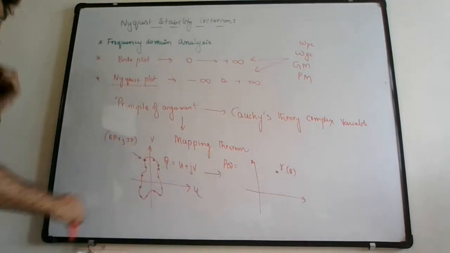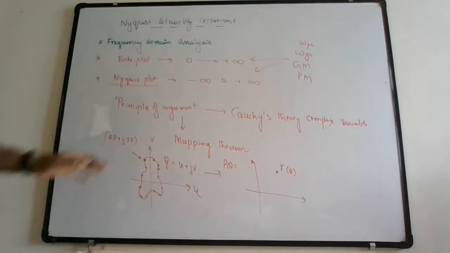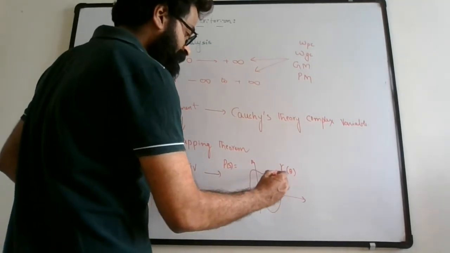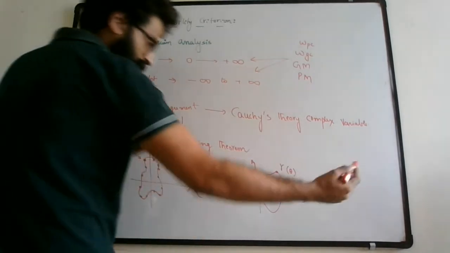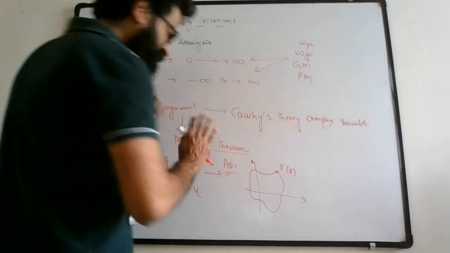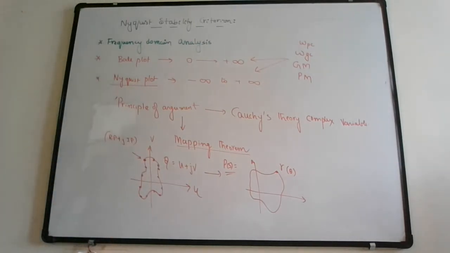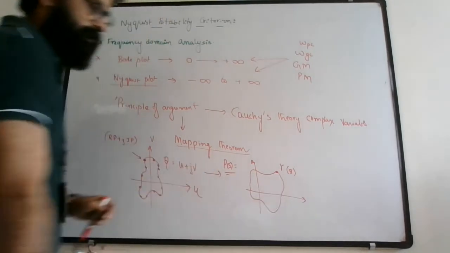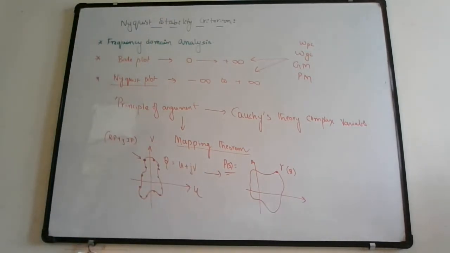When you select several such points, you will get some arbitrary shape in the polar coordinate system as well. So this is what we are doing in the mapping theorem. This is basically a rough idea of how exactly the conversion of one coordinate system into the other coordinate system is done.